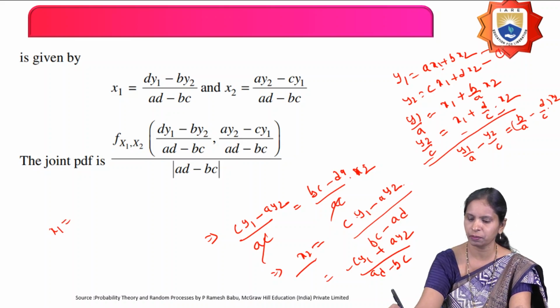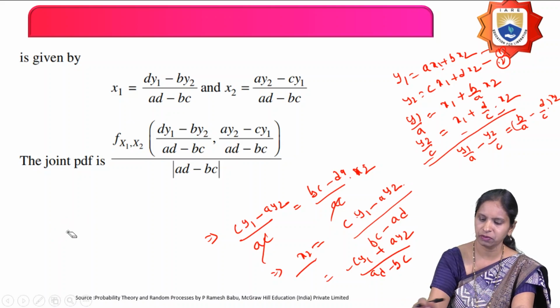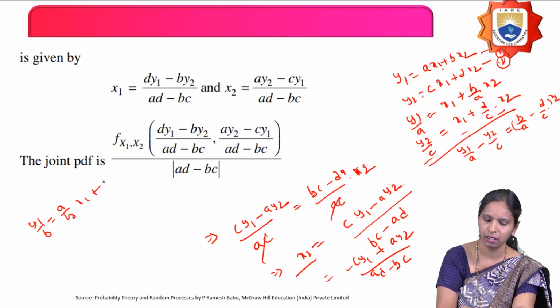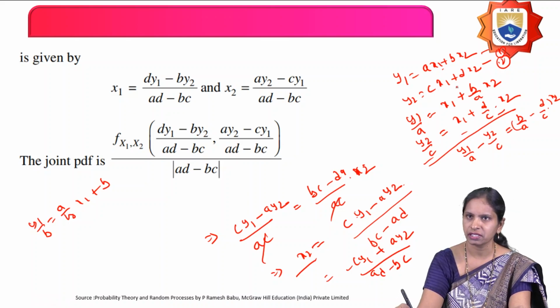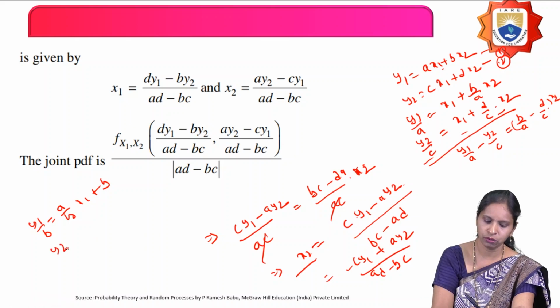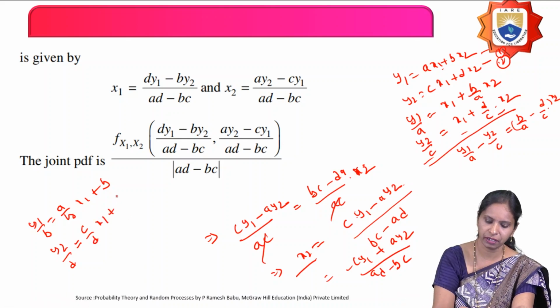For that, what can you obtain? So take equation 1, then divide equation 1 with b. Then what can happen here? y1 by b is equals to a by b into x1 plus x2. And divide equation 2 with respect to what? d. Then what can we obtain here? y2 by d is equals to c by d into x1 plus d by d into x2, nothing but x2.